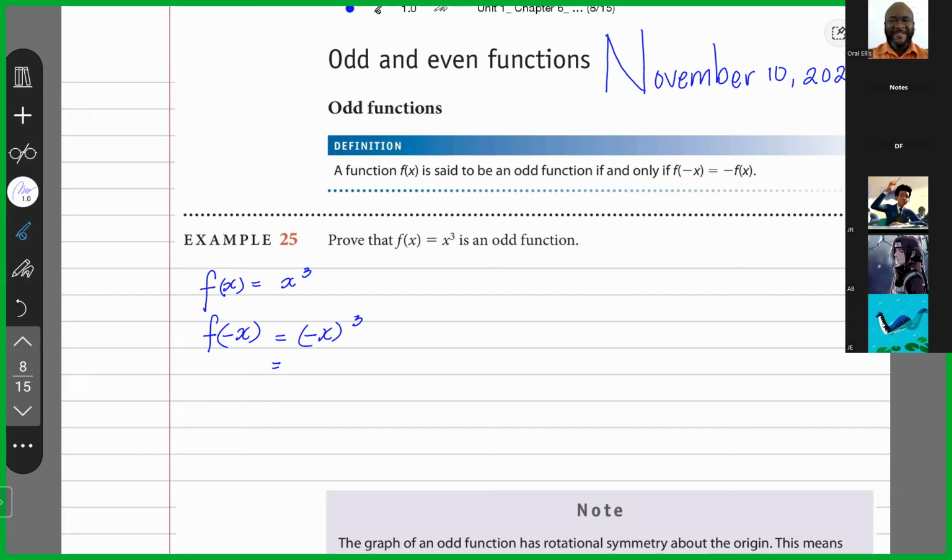So if I'm multiplying three negatives, my final answer is going to come out negative, and x times x times x is x cubed.